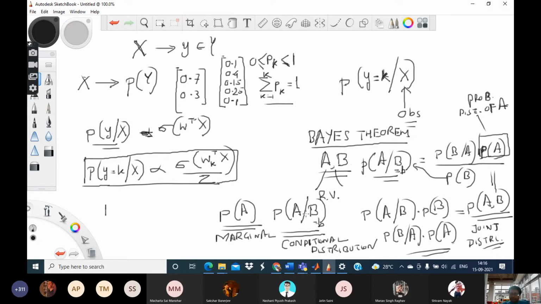Both are distributions over the same random variable A. If it happens that these two distributions are exactly the same, then what can we say? That A and B are independent. Then we say that A and B are independent.